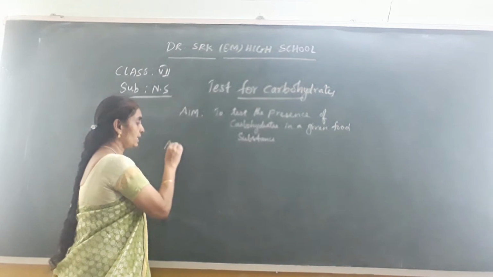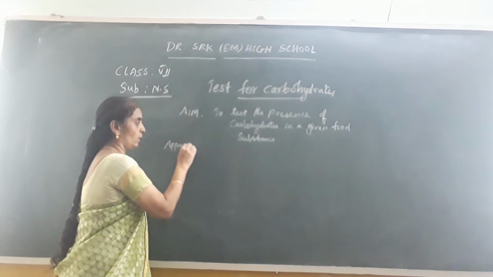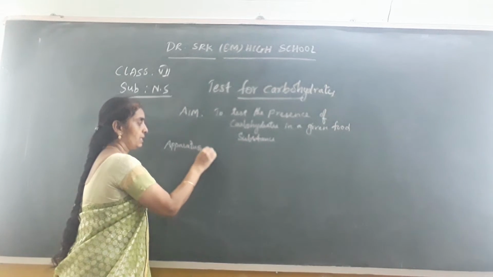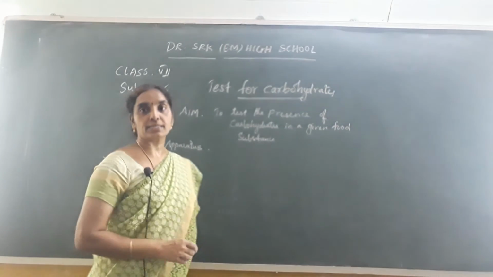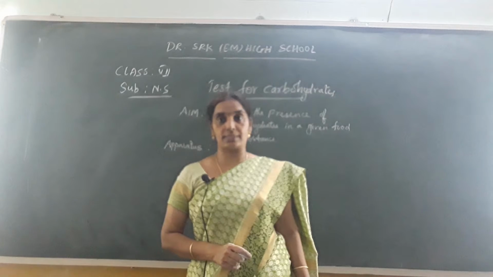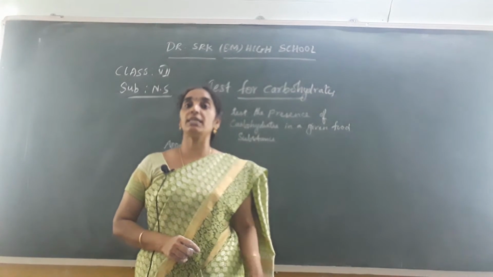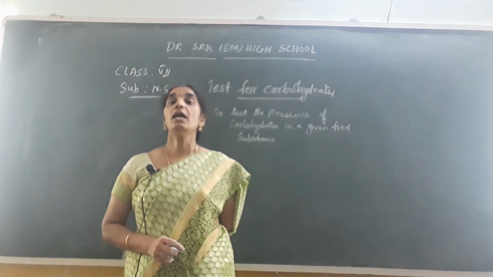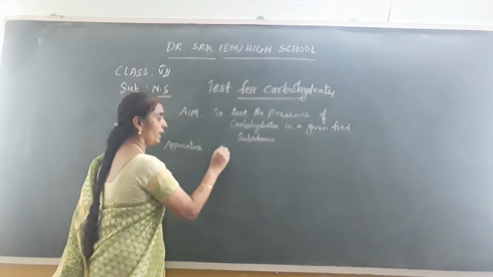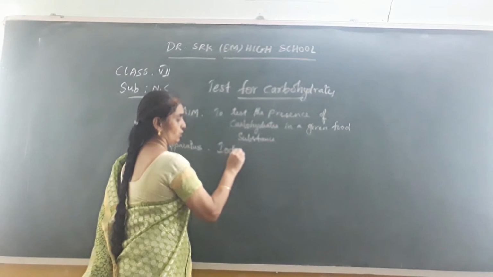Next, apparatus. That is the materials required, the things that are required to do that experiment. What do you need to do this carbohydrate test? Especially the chemical that is required is iodine solution.